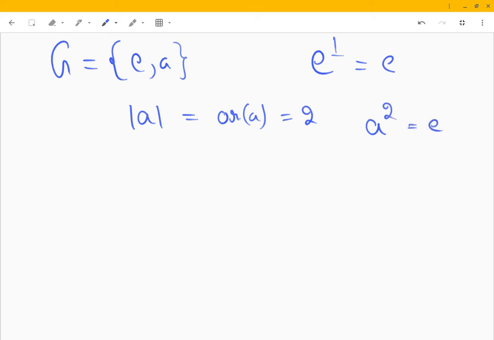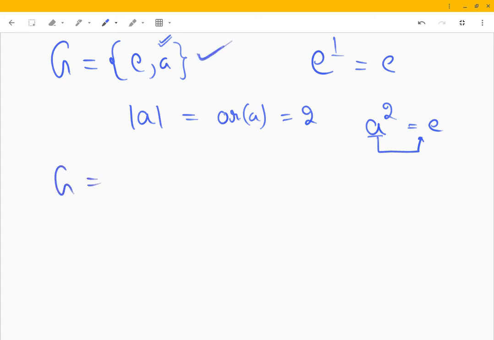Okay, fine, we are not violating the closure property of the group. A square is not some other element which is not present in the group. A square is E and that is present in the group, right? So we are just focusing, whatever elements we are taking are of order 2 for now. So yes, this is a valid group.